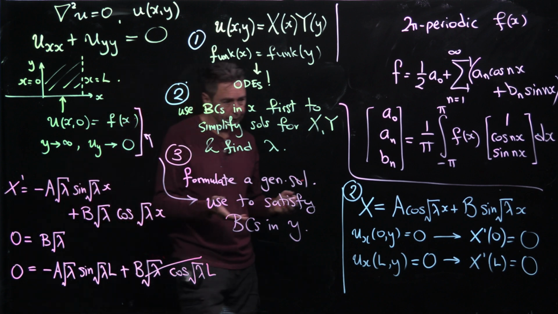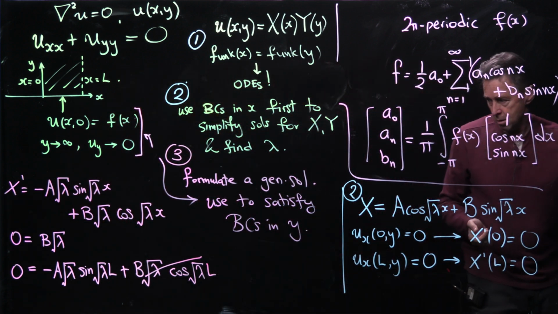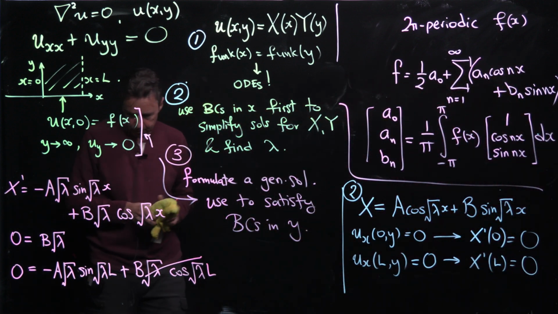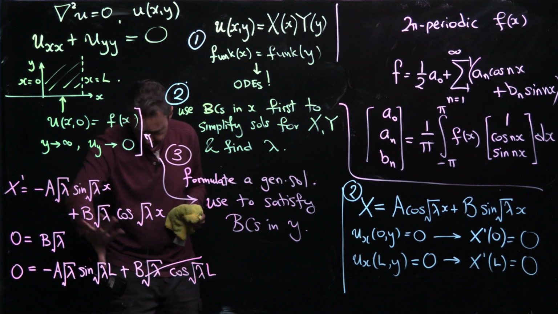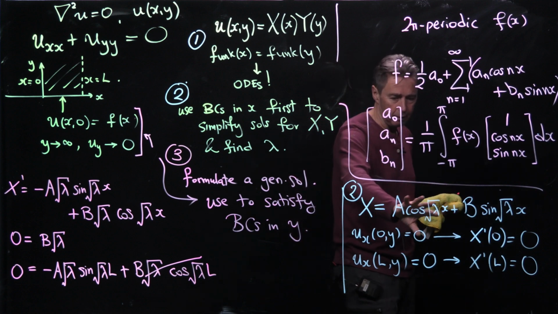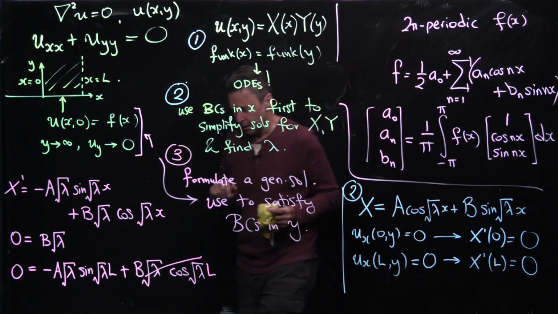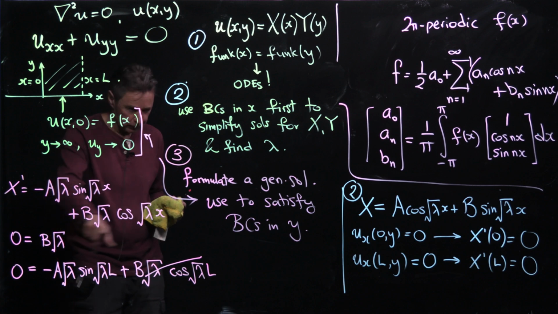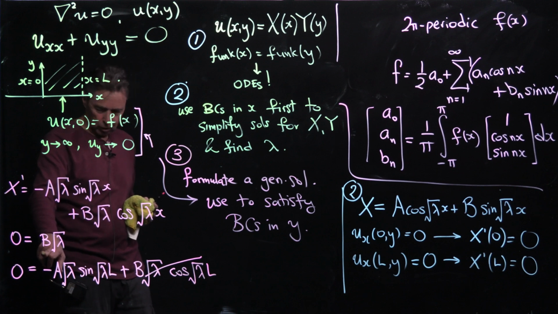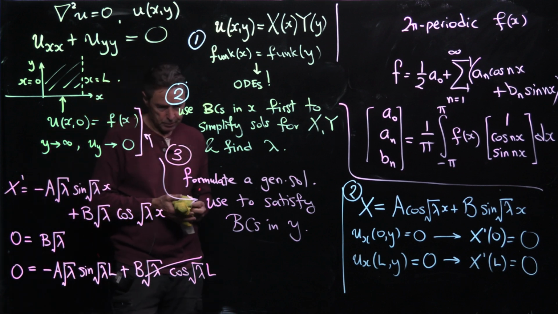So at this point, I said, fine. In the previous example, I didn't have the derivative, so I didn't have the square root of lambdas appearing. I just took these to say that one of the terms had to disappear. Previously, it was the cosine. Now, it looks as though it's not the cosine, it's the sine, right? This one's going to look like I need to put B is equal to 0.